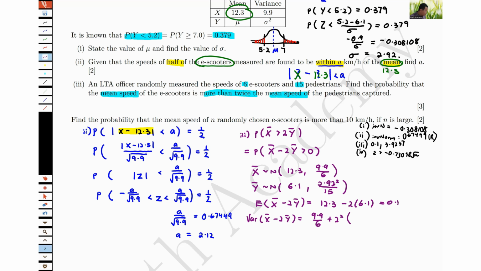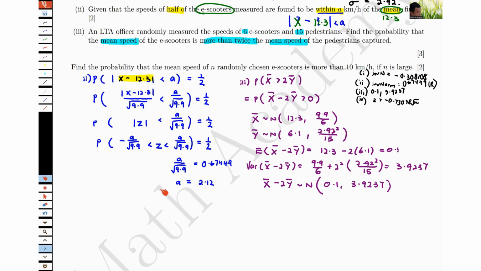Remember, variance always adds the coefficient squared. You need to code the distribution once you are done, so you still need to write back that it is a normal distribution and fill in the parameters. Only after you are done can you go back to your equation and solve with normal CDF from there.